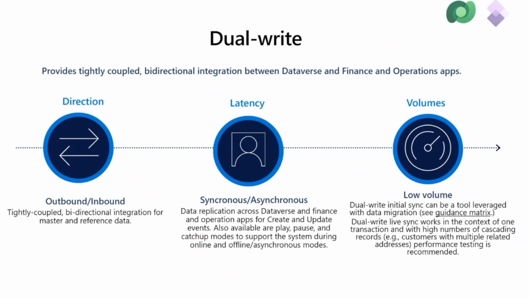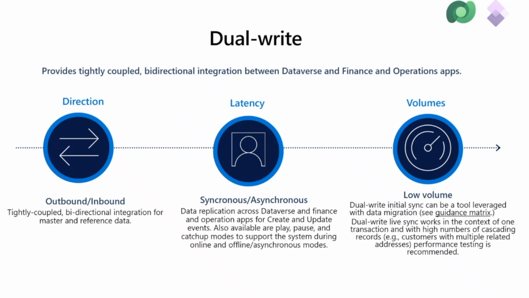These packages deliver logic, metadata, and very important out-of-the-box table maps for syncing entities between Dataverse and F&O. For example, table maps for customers, quotes, orders, parties, addresses, and you can even create your own custom table maps or customize the out-of-the-box ones.